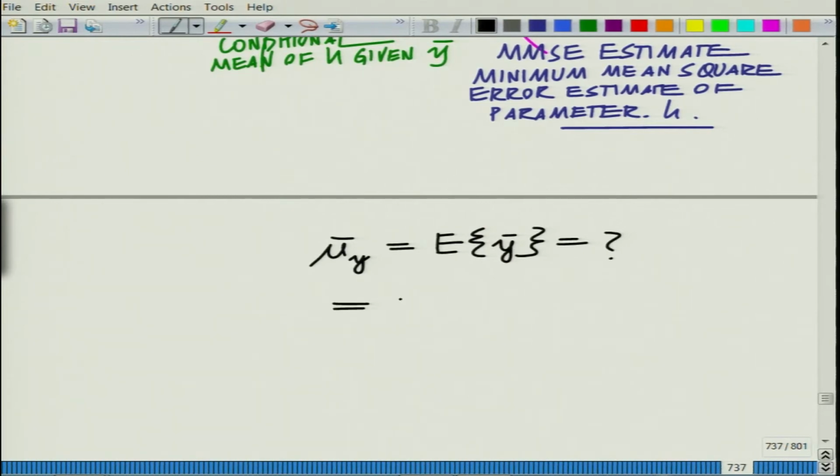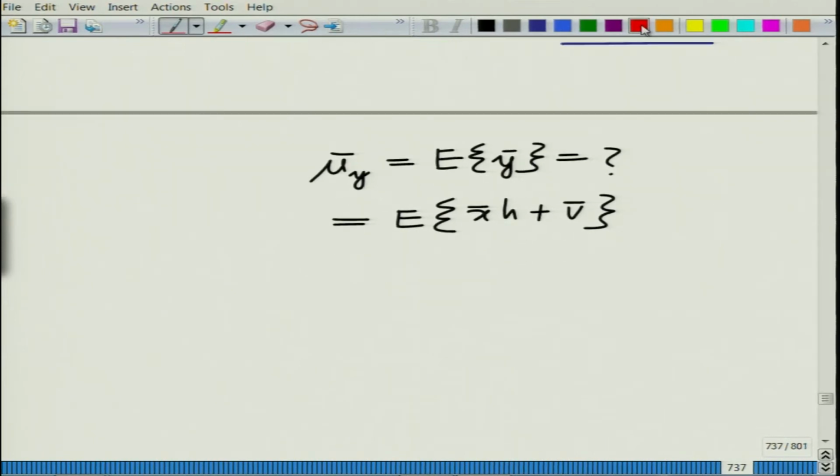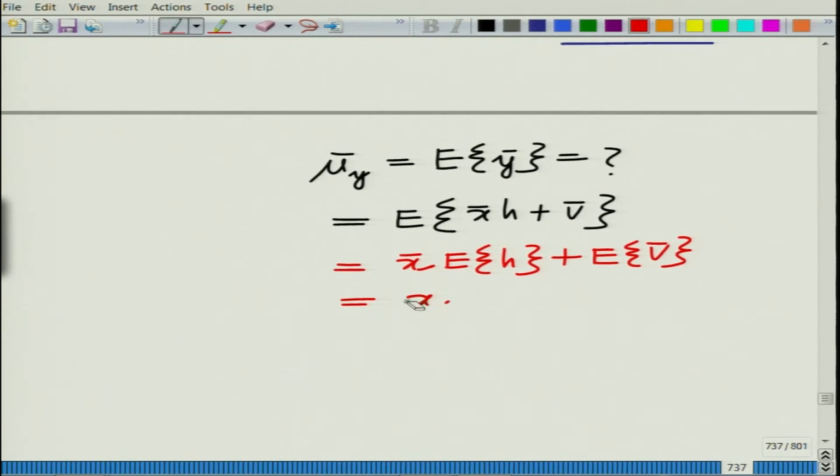This quantity is simple, this quantity is the expected value of x bar H plus v bar, which, if you think about this, is simply x bar times the expected value of H plus the expected value of v bar, which is equal to x bar times mu H plus 0.